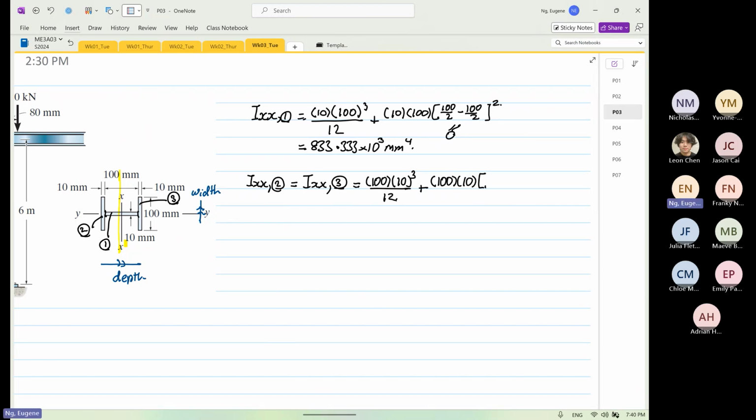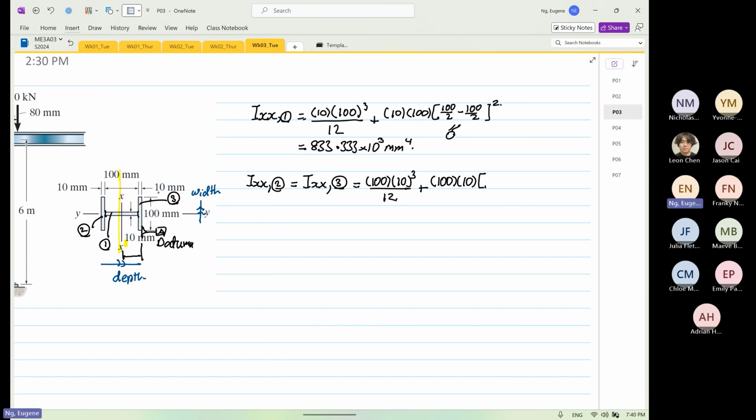And then we have this term over here. So the global centroid from the datum, okay, so this is where my datum is. So this is what we call datum, right? So that distance, right, to XX, right? So this distance from here to here is equal to what?